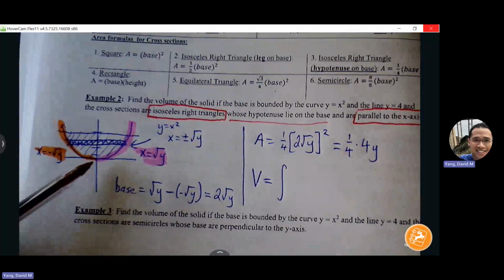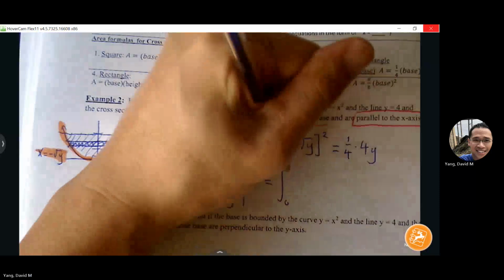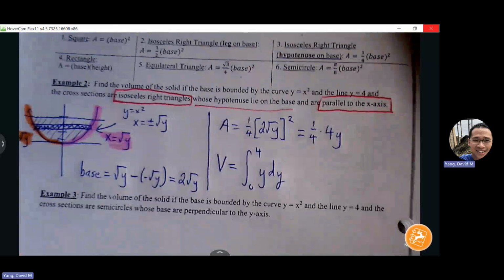So what's the lowest and highest y value? 0 to 4. No pi in front. We're not rotating around anything.